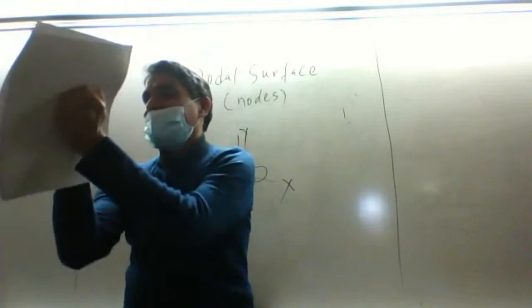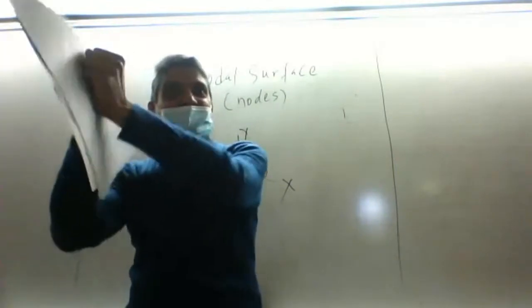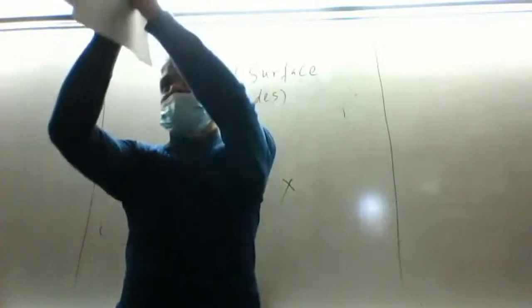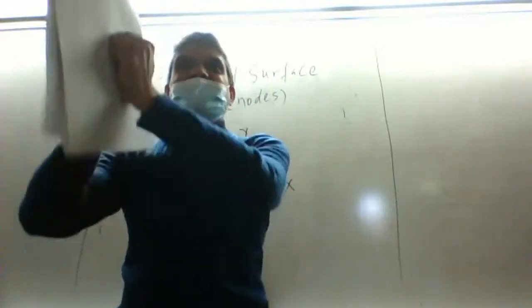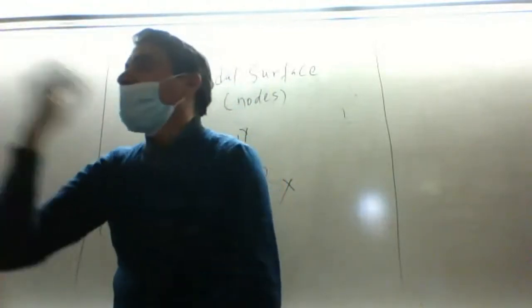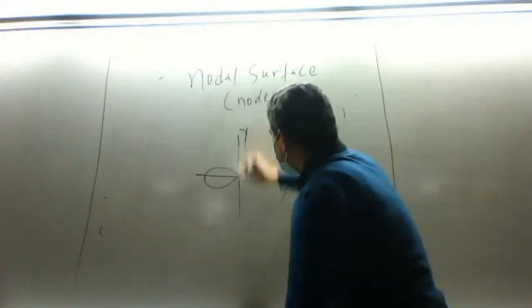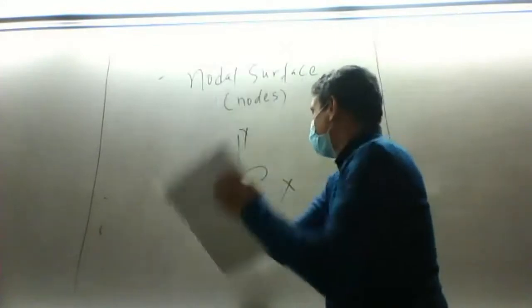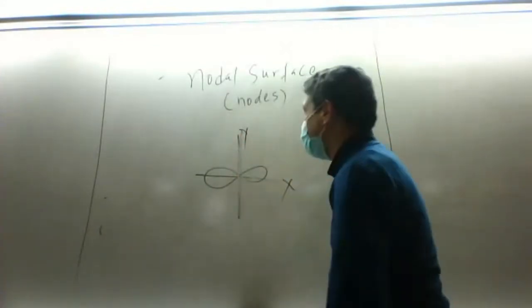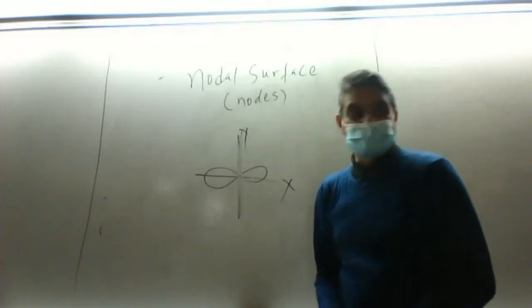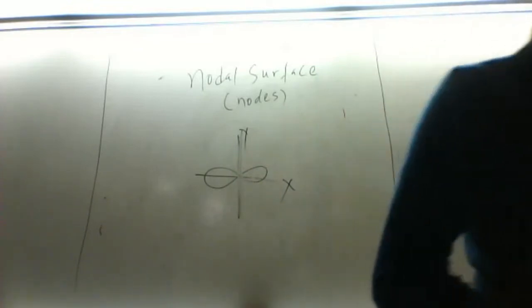Along this surface where I put my hand, you cannot find the electron. That's called the nodal surface or the node.